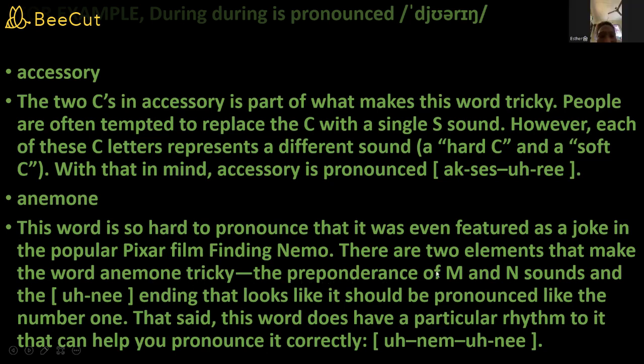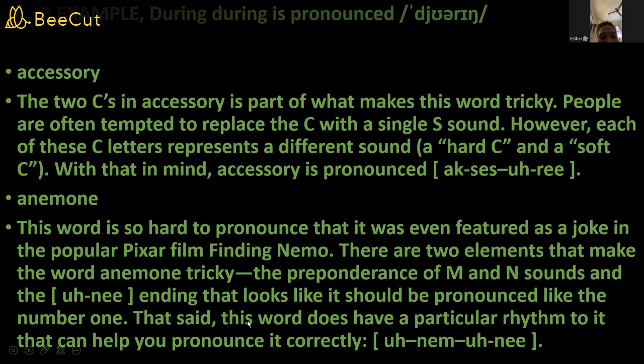The preponderance of M and N sounds. I would have pronounced this word anemone. Are you hearing me? Yeah. I would have pronounced it anemone, but it actually comes with kune. So the ending that looks like it should be pronounced like number one, like horn.